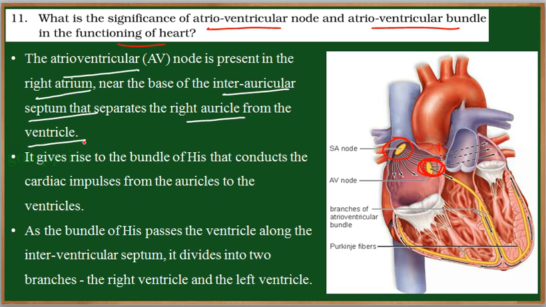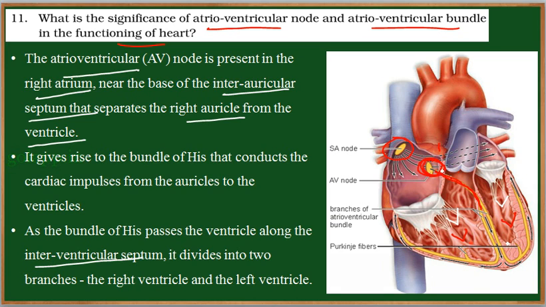Now, this atrioventricular node further gives rise to the bundle of His. It passes through the ventricles, that is, through the interventricular septum, the septum which separates the two ventricles. So, this is one ventricle and this is the other. The septum which separates the ventricles is called the interventricular septum.